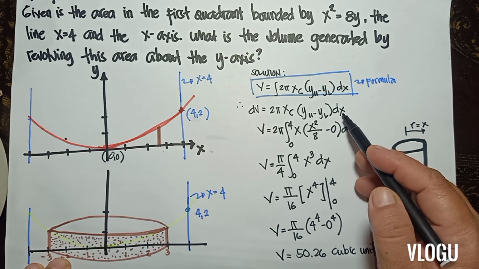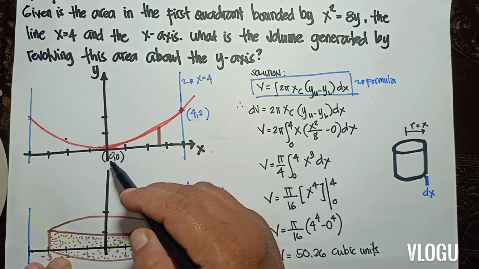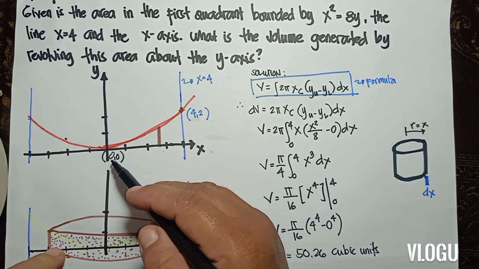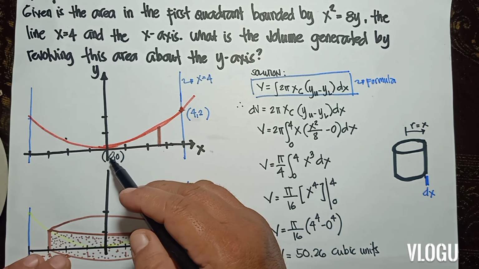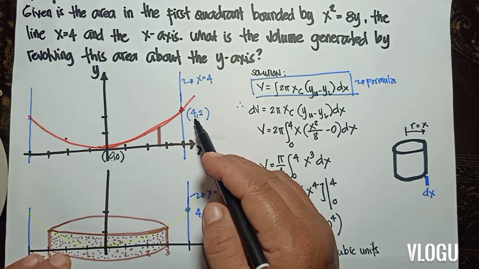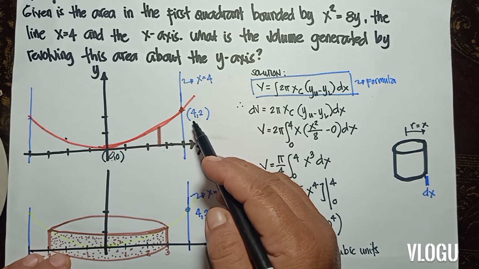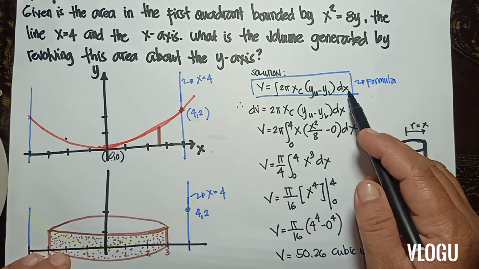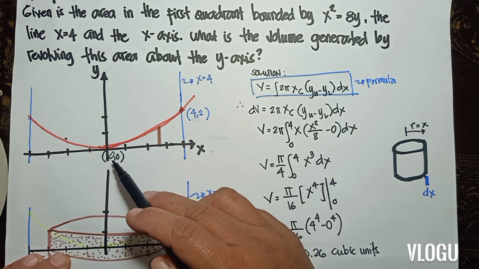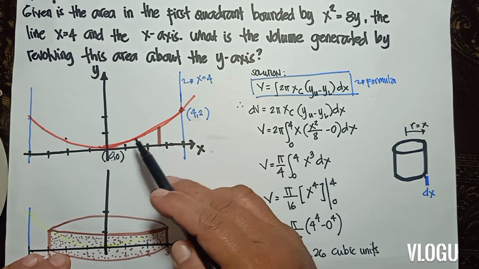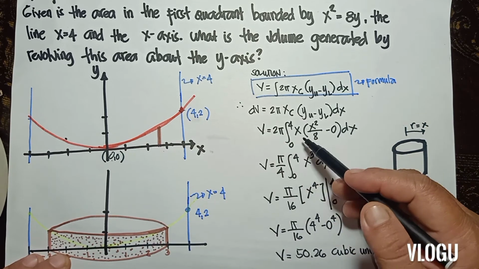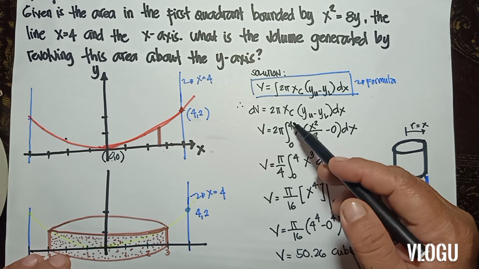Because that is dx, your limits will be in terms of x, so you will have 0 to 4. That's the reason you will have 0 to 4.